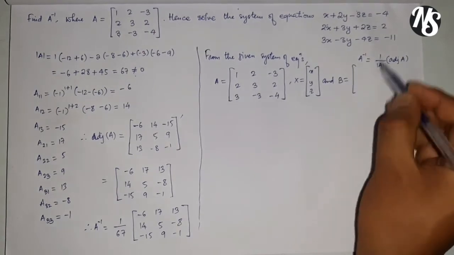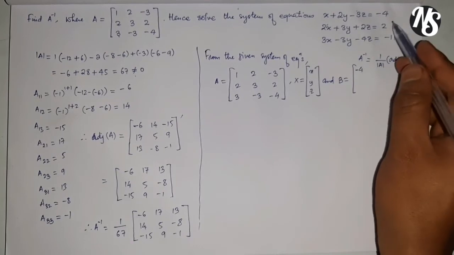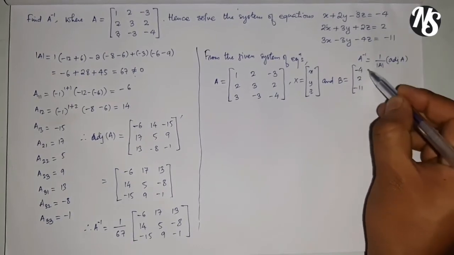Your matrix B will be a column matrix containing minus 4, 2, and minus 11.